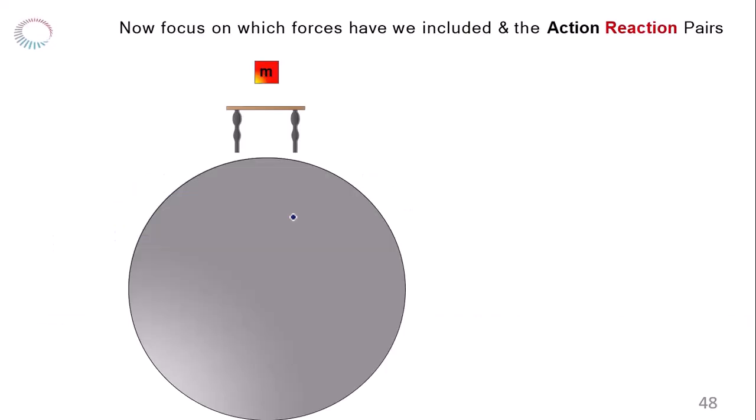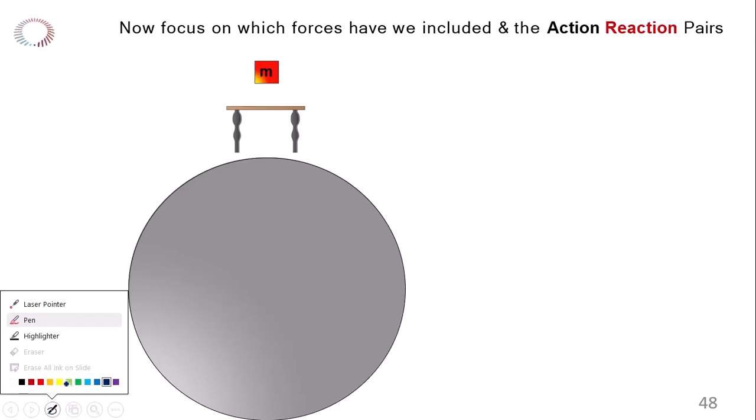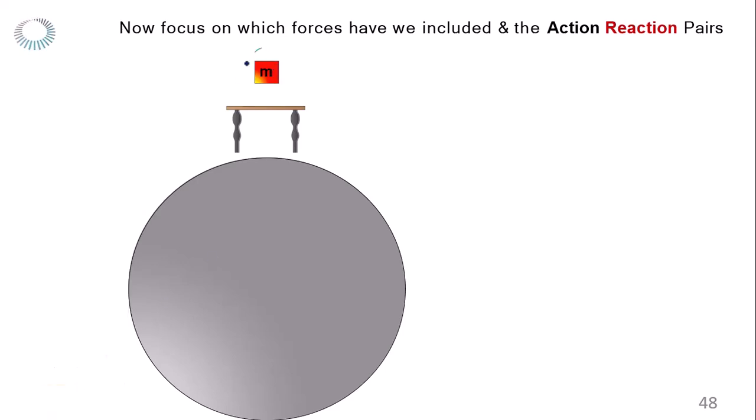Similarly, let us say there are three systems: this block is one system, the bench is another system, and the earth is another system. Depending on the system, for small m the free body diagram has mg acting downward and N acting upward. That's all.